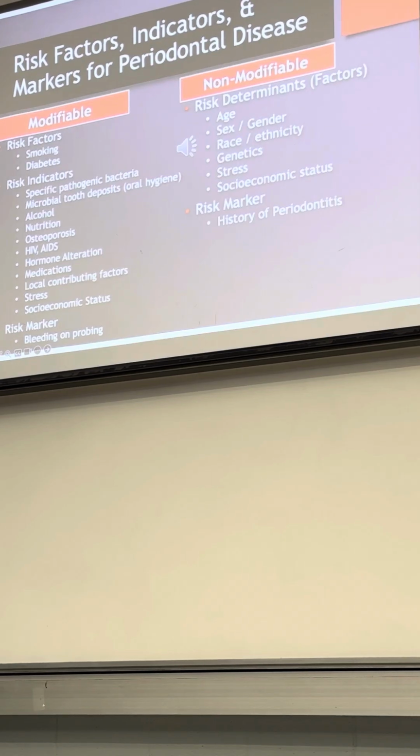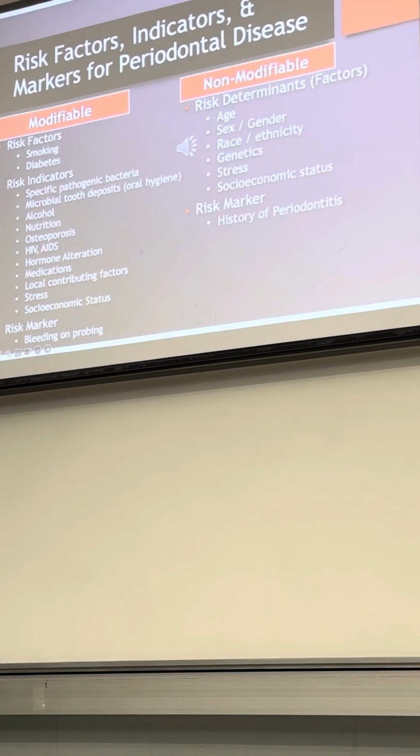Risk factors, we talked about smoking and diabetes, those being two key ones for periodontal disease. Risk indicators are things, again, that are likely, but don't have that confirmed association. Just because someone is on a certain medication doesn't necessarily mean that they're going to.